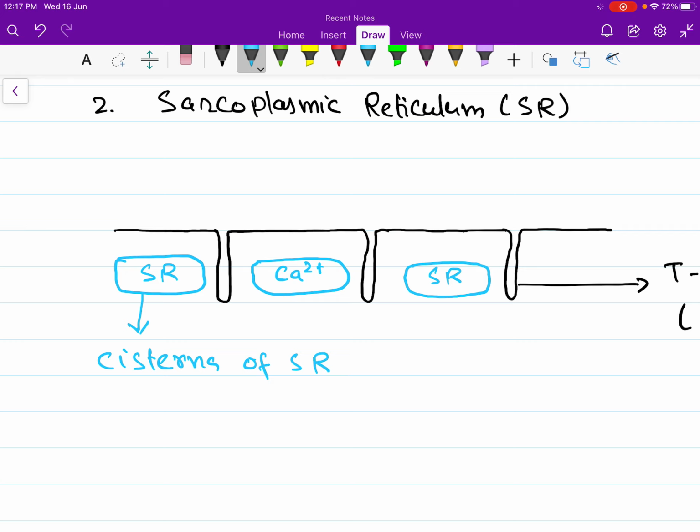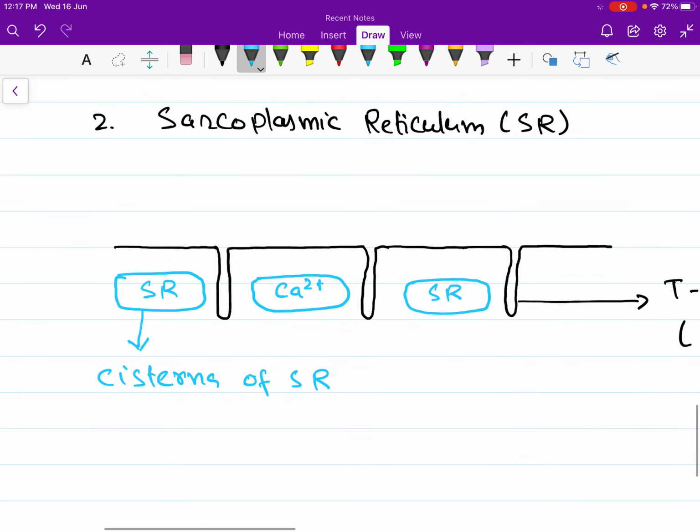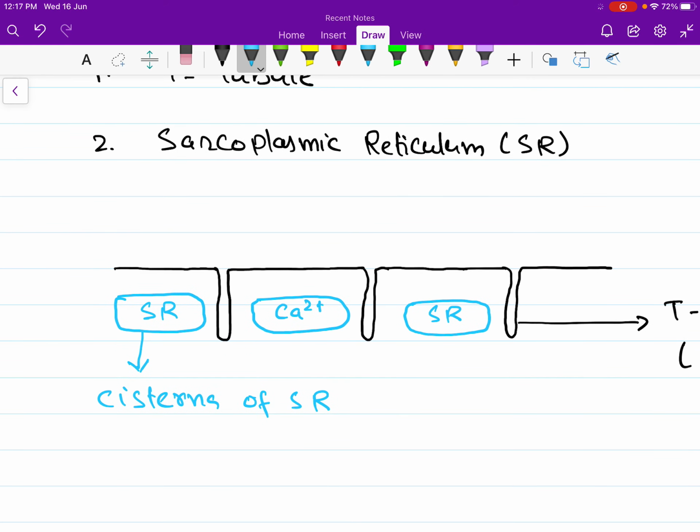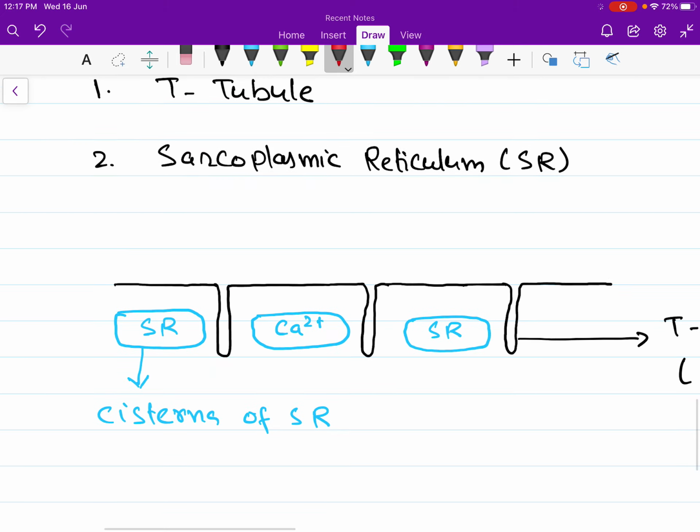Now, what happens during muscle contraction? A muscle will contract only when the motor neuron, which is present at the neuromuscular junction, releases a certain neurotransmitter like acetylcholine. Suppose here I will draw a motor neuron.